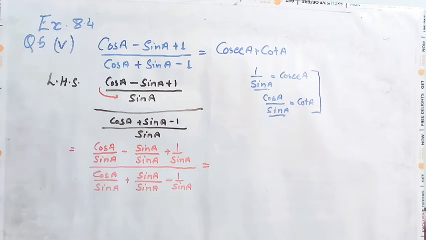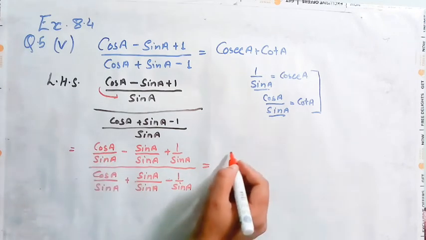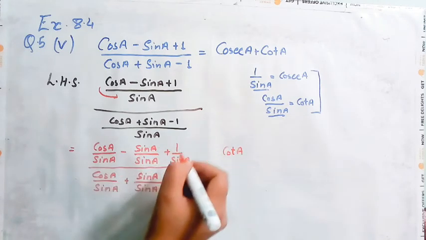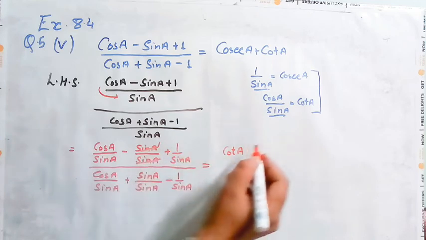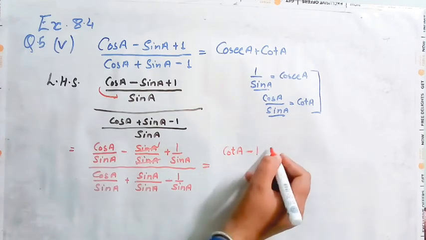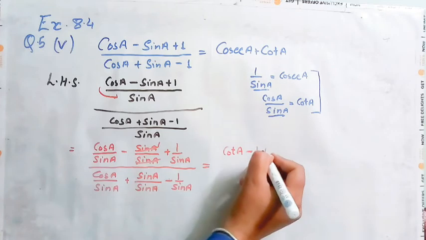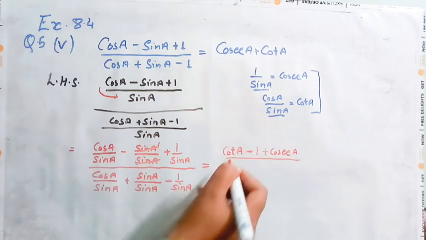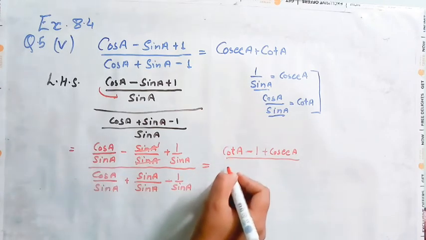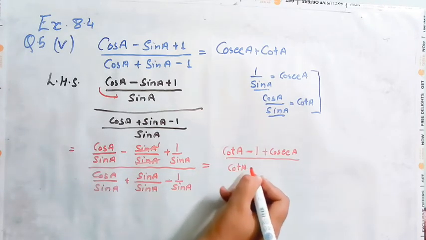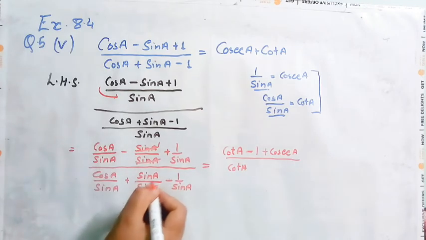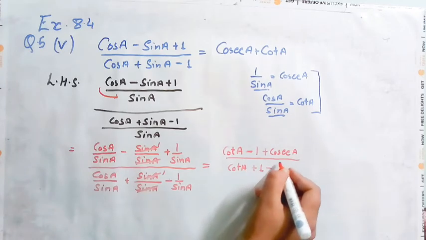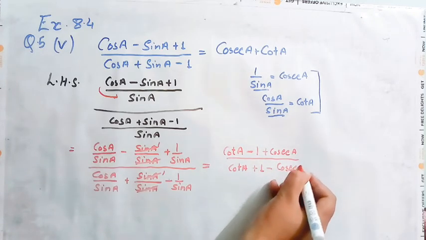Because now each part will be converted into cot A or cosecant A. So cot A minus sin A upon sin A is cancelled, so minus 1 plus 1 upon sin A is cosecant A, whole divided by cos A upon sin A, cot A, plus sin A upon sin A is 1 minus cosecant A.